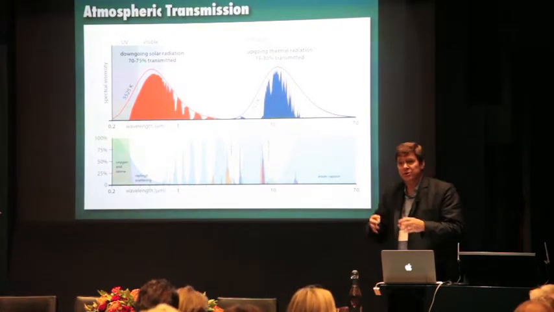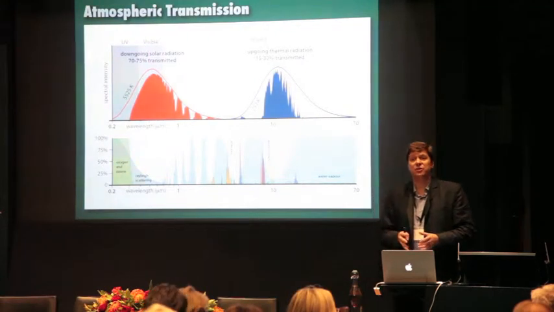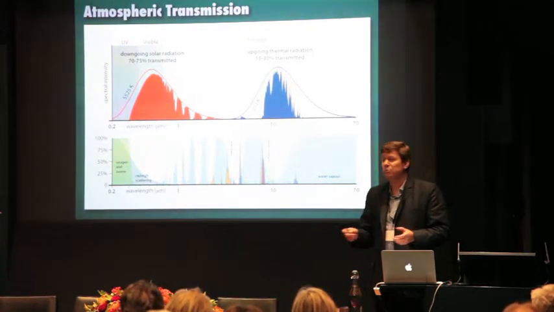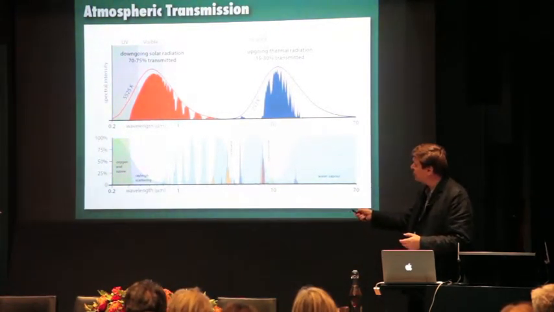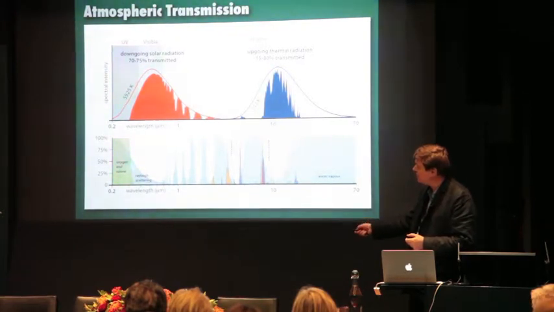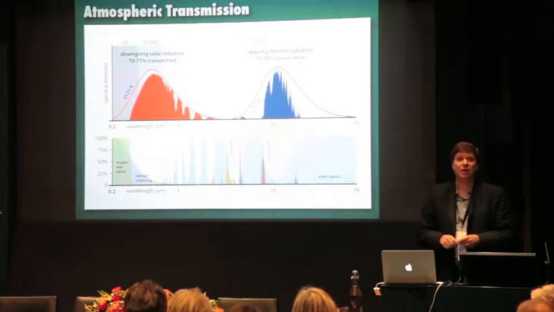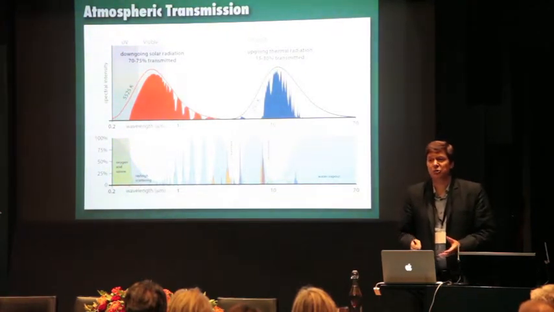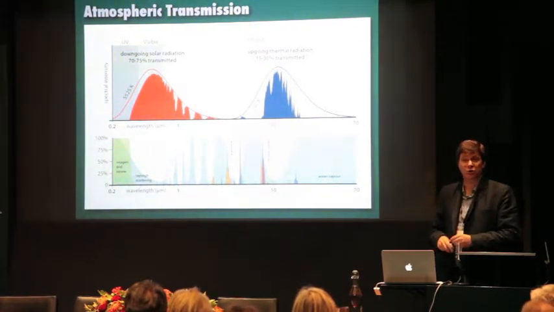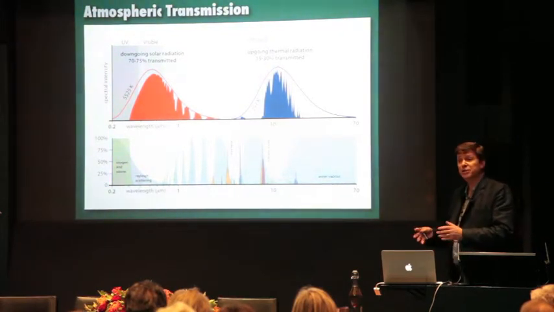The way the planet stays in thermal equilibrium, bearing in mind that it's absorbing all this energy from the sun through this window in the absorption spectrum of the atmosphere, is by re-radiating all of that energy to space, but it does it at a different wavelength.